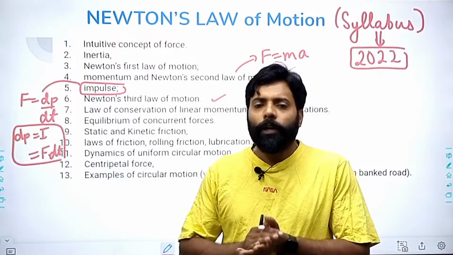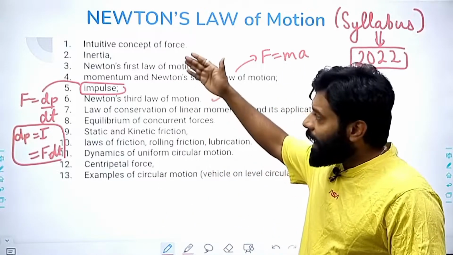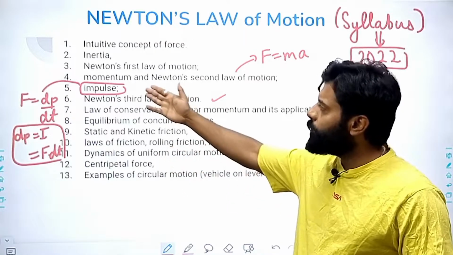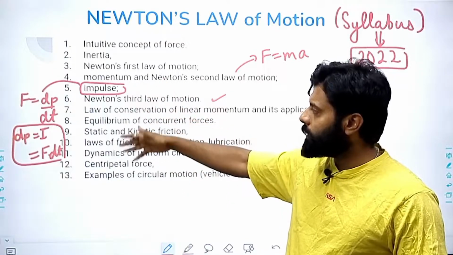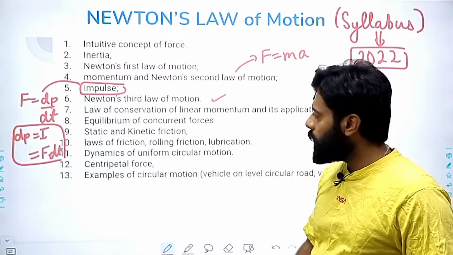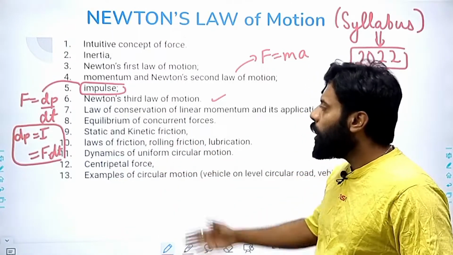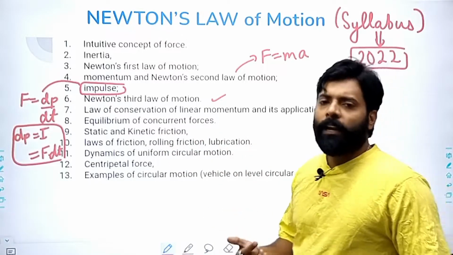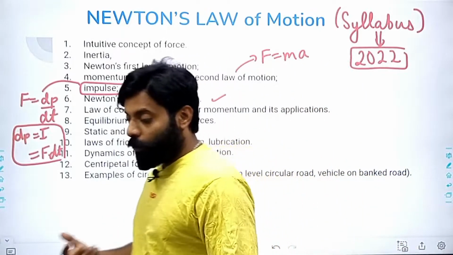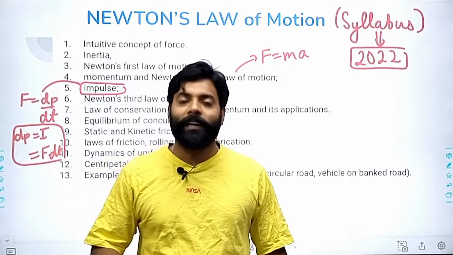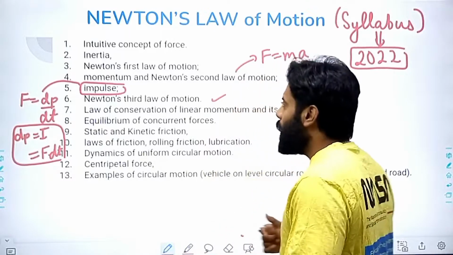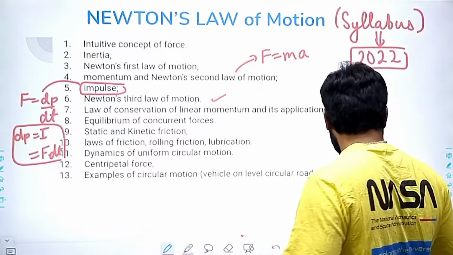So these are the only concepts. If I number them, around 13 to 15 concepts will be there, and if you classify rolling friction and lubrication separately, the number of topics will increase. But certainly you have to complete all these topics so that you will be able to solve the questions.